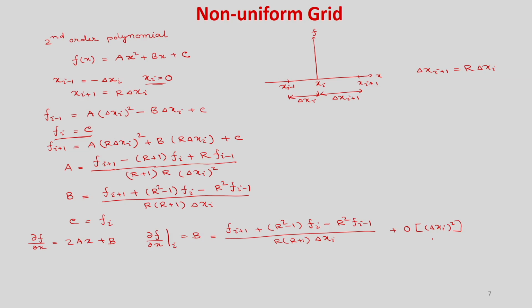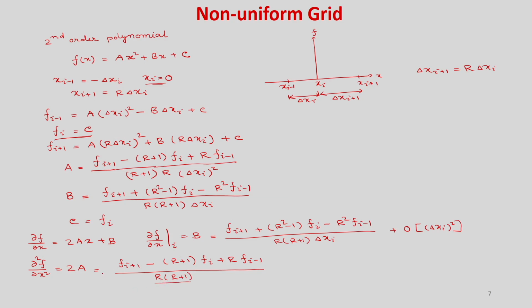So, this is written. Now, you can find what will be the second derivative, del 2 f by del x square. It will be just twice a, okay, and a you know. So, you can write it as f i plus 1 minus r plus 1 f i plus r f i minus 1, divided by r into r plus 1 divided by 2.